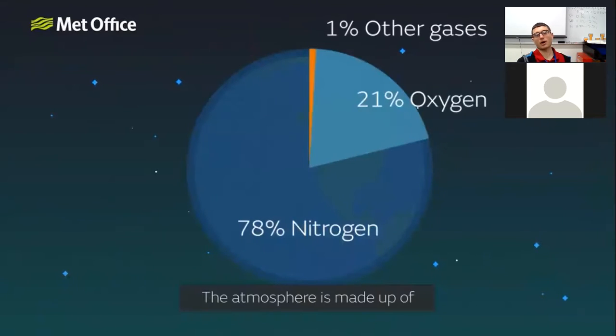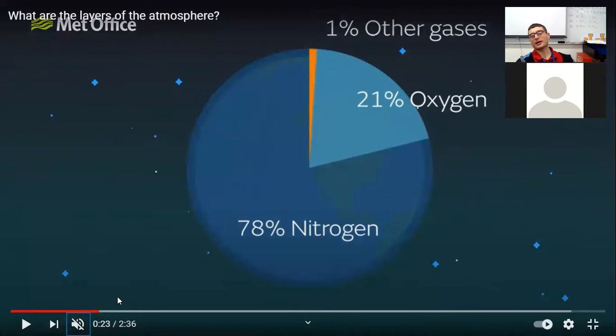Now to answer number 1, as we learned before, the atmosphere is 78% nitrogen, 21% oxygen, and we're going to say 1% carbon dioxide. So nitrogen is the most abundant gas. Oxygen is the second most abundant, and carbon dioxide is the least abundant. But still, the atmosphere is very thin, and it is very sensitive to any changes in that carbon dioxide.